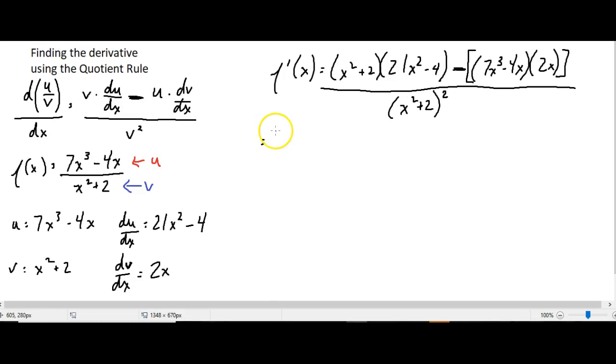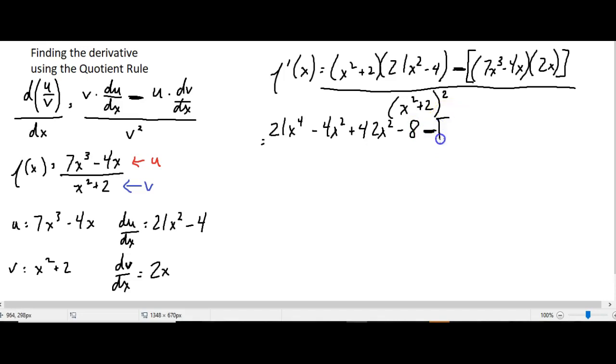X squared times 21x squared is 21x to the 4. And x squared times minus 4 is minus 4x squared. And 2 times 21x squared is plus 42x squared. And 2 times minus 4 is minus 8.